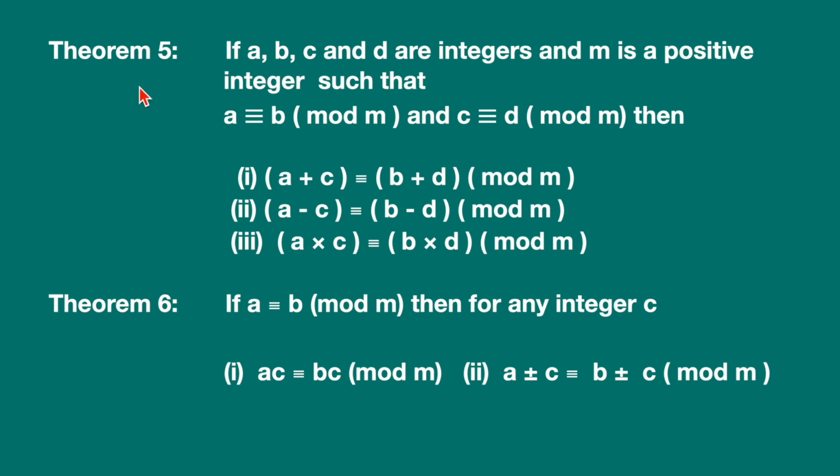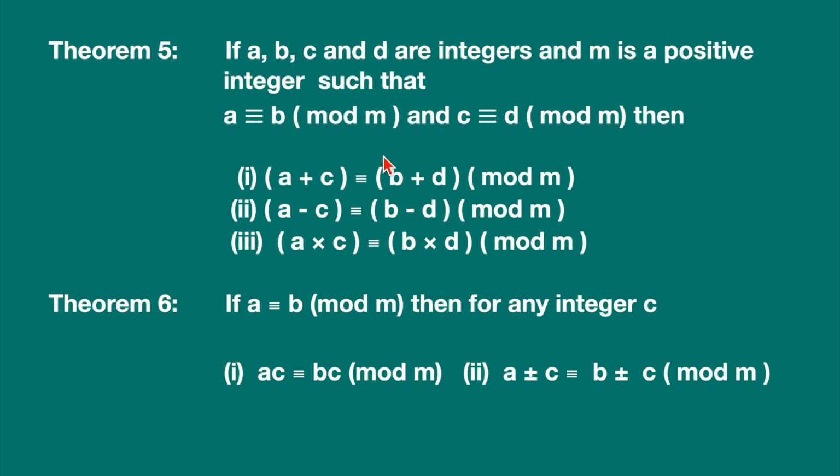Okay. There are two important theorems in this, theorem 5 and theorem 6. These concepts we will use in our problem sums. So just learn the theorems. You don't need to learn any proof and all in this. We will apply it in our problem sums. Very simple.